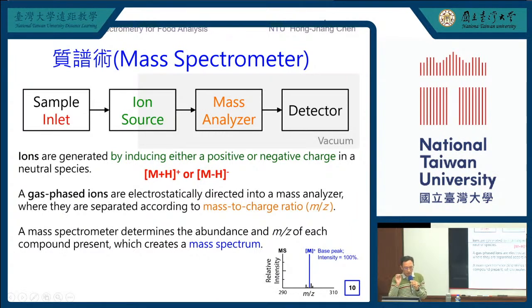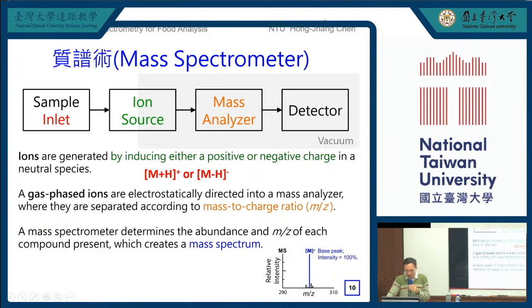Again, the mass analyzer just detects the mass to charge ratio, not molecular weight. Finally, the detector measures the intensity of the ion signal, and the mass spectrometer detects the abundance and the m/z of each compound present, which creates a mass spectrum.